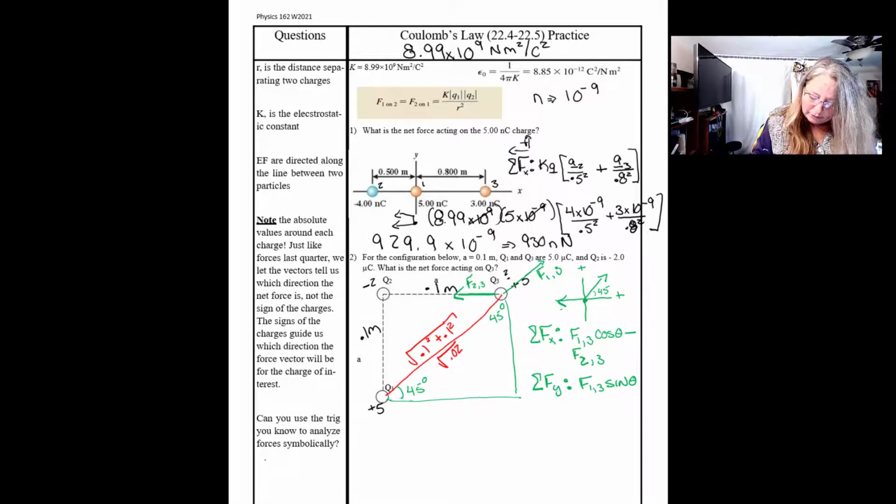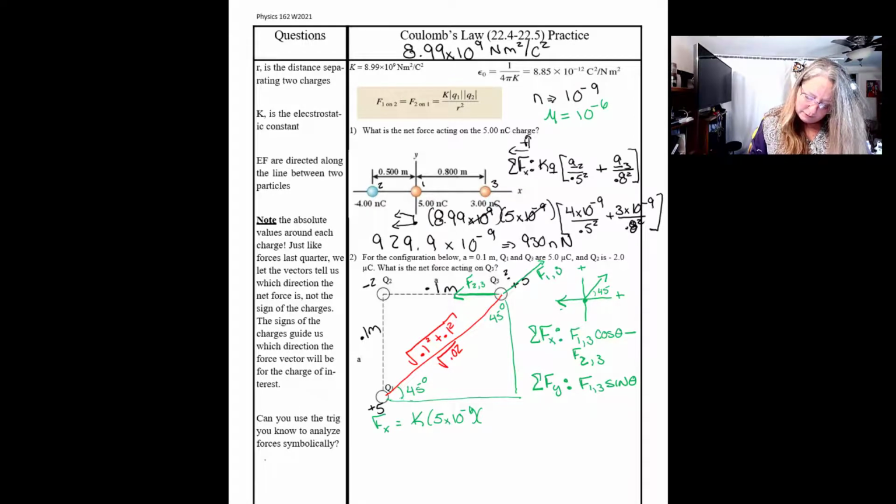So my forces in the x are going to equal K, Q3, yeah, we'll go ahead and write it. I don't have enough space. So Q3 is 5. Let me remind you, micro is 10 to the negative 6. 5 times 10 to the negative 6 times the other charge, Q1 on 3.